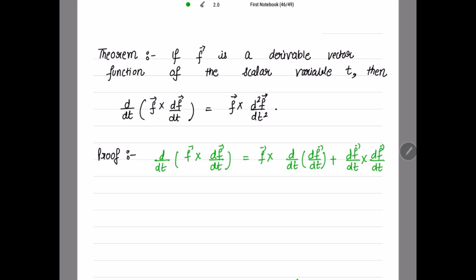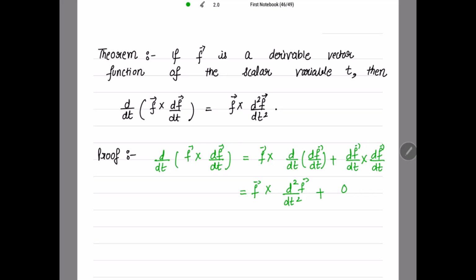Easy? Alright. So this is equal to f vector cross, this can be written as d square f over dt square, plus, now cross product of the same vector is equal to 0.